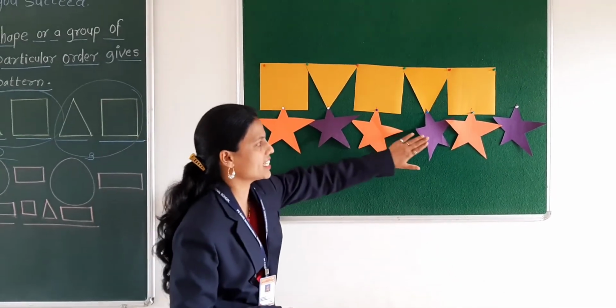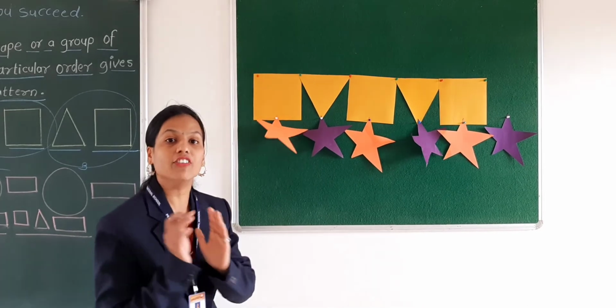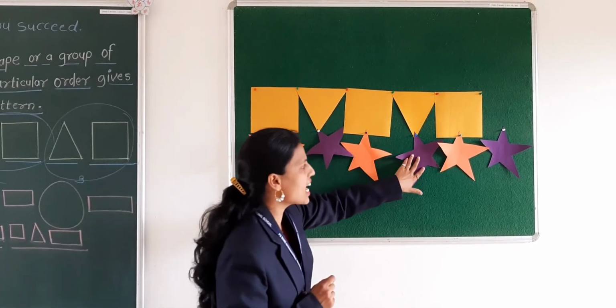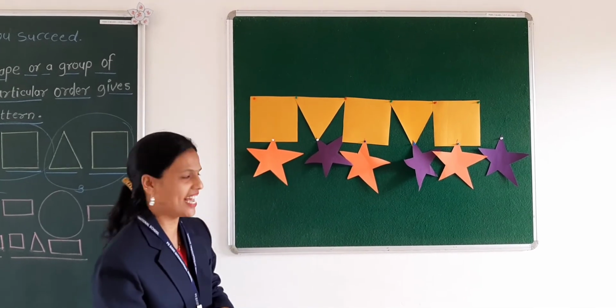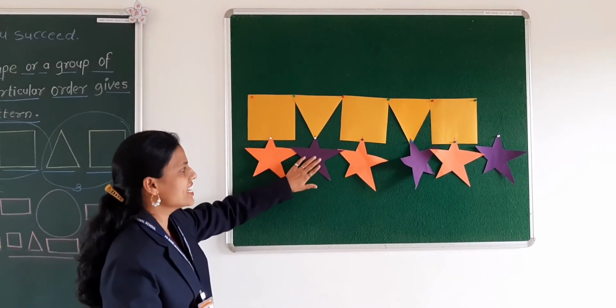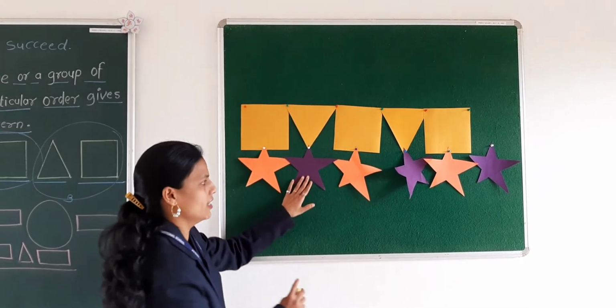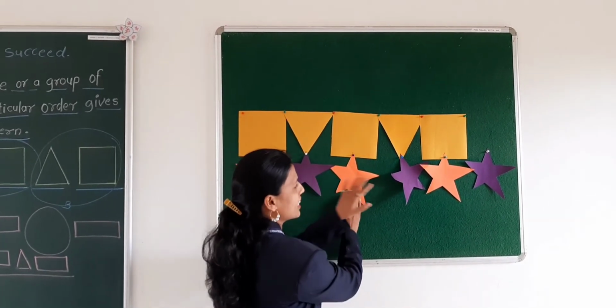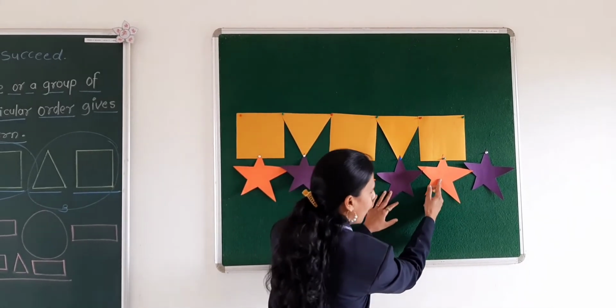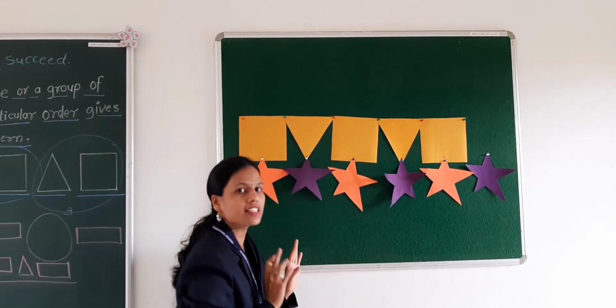Here, I have taken some stars having different colors. Right? But are these stars in the pattern? Yes, because the first star has color orange, right? Second one is purple. Again orange. After that purple. Again orange. And the last one is purple.